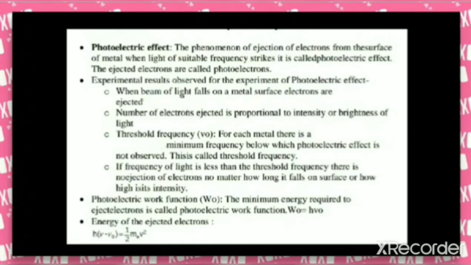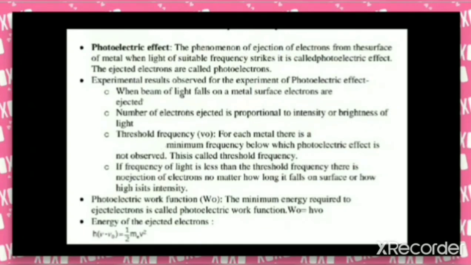So here we learned the points that when a beam of light falls on a metal surface, electrons are ejected. Second, the number of electrons ejected is proportional to the intensity. And for each metal there is a minimum threshold frequency below which the photoelectric effect is not observed.